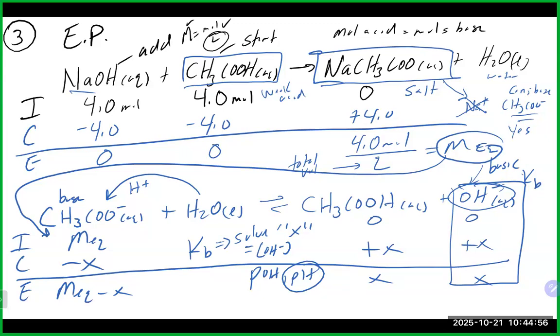This is, again, a double ice table situation. The whole purpose of the first ice table is to figure out what is the concentration of your salt that's left over that will go through hydrolysis. This is also why it's super important just to make sure you convert this back to molarity when you're done with that first table, because if you roll with moles here and forget to incorporate the volume, you're going to be in trouble at the end of the second calculation.